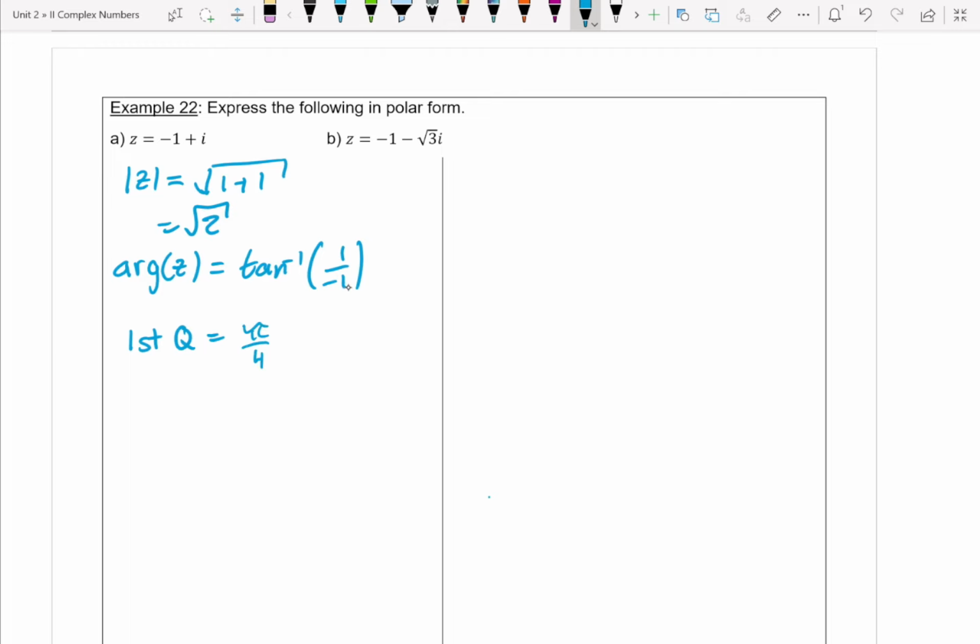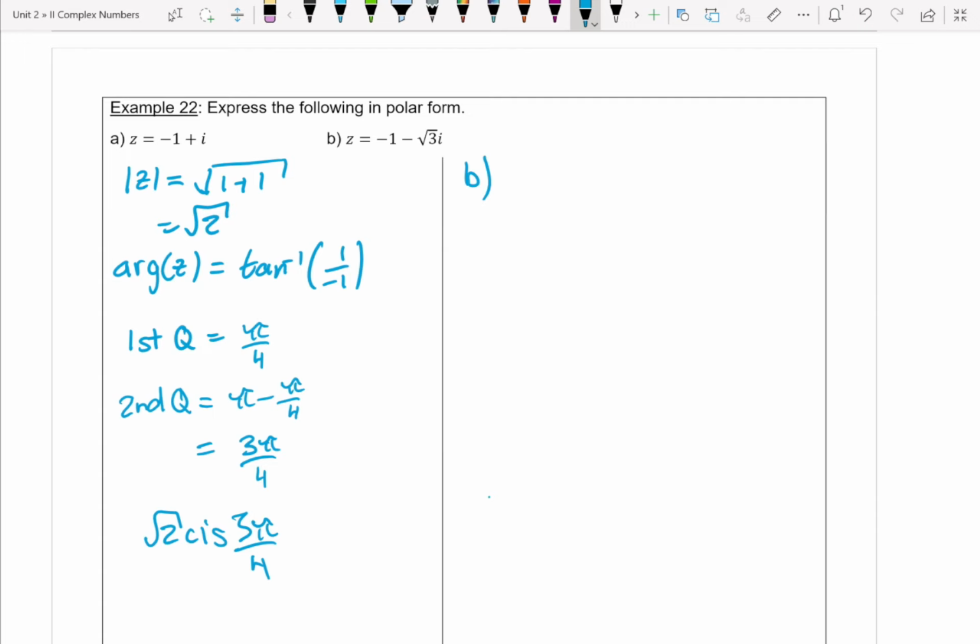And if we have a negative real component and a positive imaginary component, that puts us in the second quadrant. So our second quadrant solution is going to be pi minus pi on 4, which gives us 3 pi on 4. And so we've got root 2 cis 3 pi on 4 as our value for A.